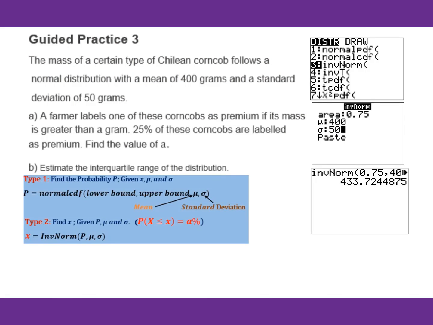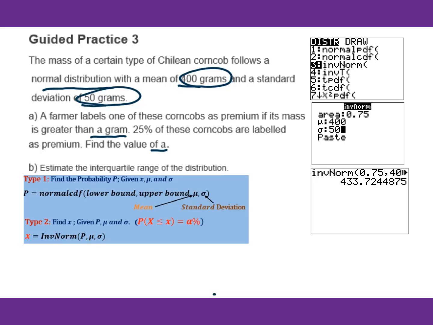Let's go to guided practice 3. The mass of a certain type of chilling cork cup follows a normal distribution with a mean of 400 grams and a standard deviation of 50 grams. A farmer labels one of these cups as a premium if its mass is greater than A grams. 25% of these cups are labeled as premium.